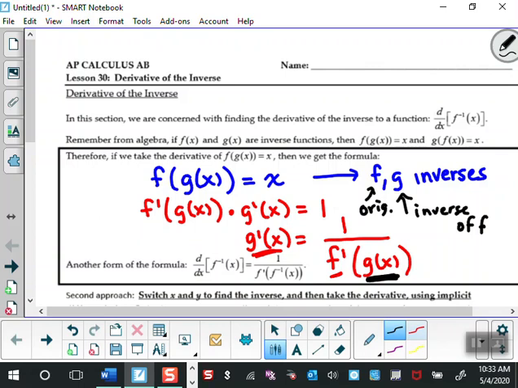What do you plug in? I'm going to try to show you on the next example. But the derivative of the inverse is 1 over the derivative of the original at a slightly different value. So if this is a particular x, this is the y that goes with that x from the inverse function.